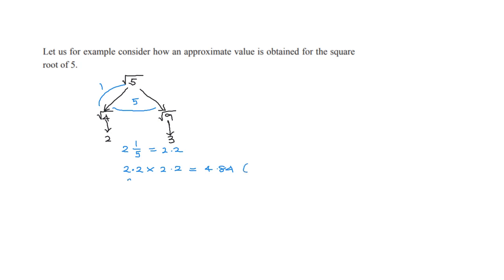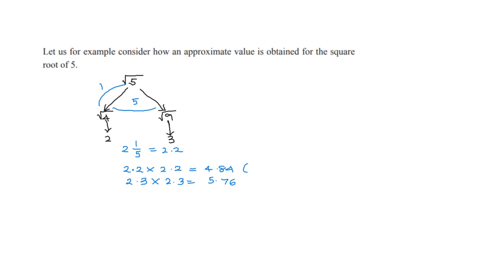Then, we check another number, 2.3 into 2.3. So, that is equal to 5.29. Okay. Now, we have to check whether 2.2 or 2.3, which one is more close to 5.